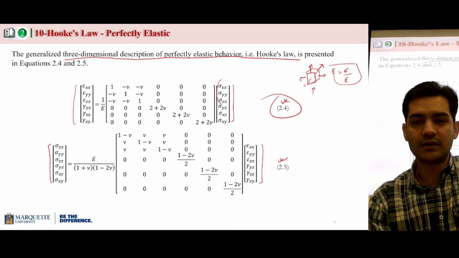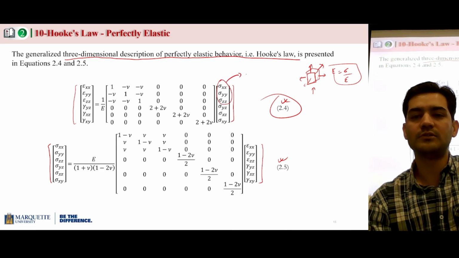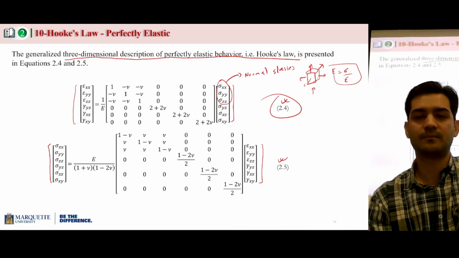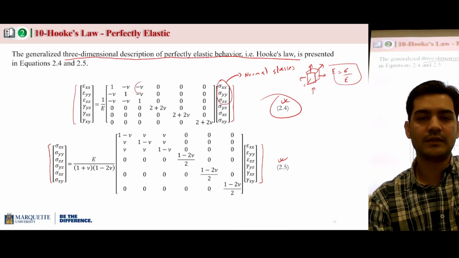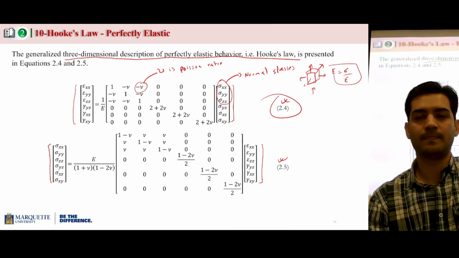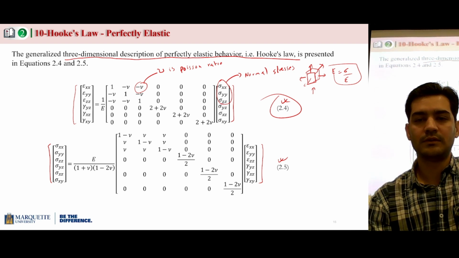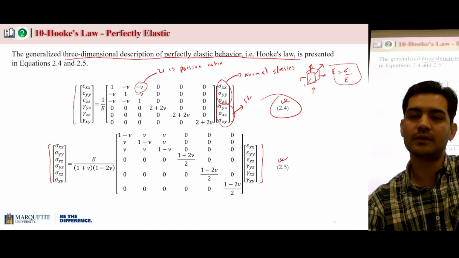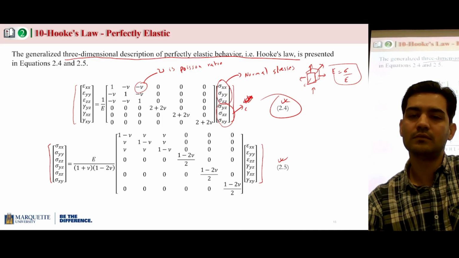These are normal stresses, sorry. This is the Poisson ratio. These are shear stresses, but we're not going to use them here.